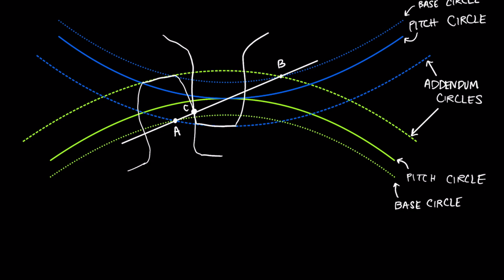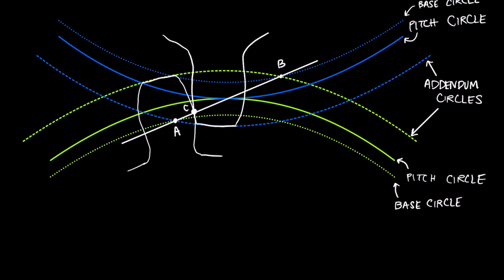You'll notice that the base circle, which is this dotted line for both of them, does not mark the end of the gear tooth. It actually extends down below. The profile of that gear tooth continues. And same thing on the upper side. The base circle is here, but that doesn't mark the end of the tooth. It actually continues a little bit further down.